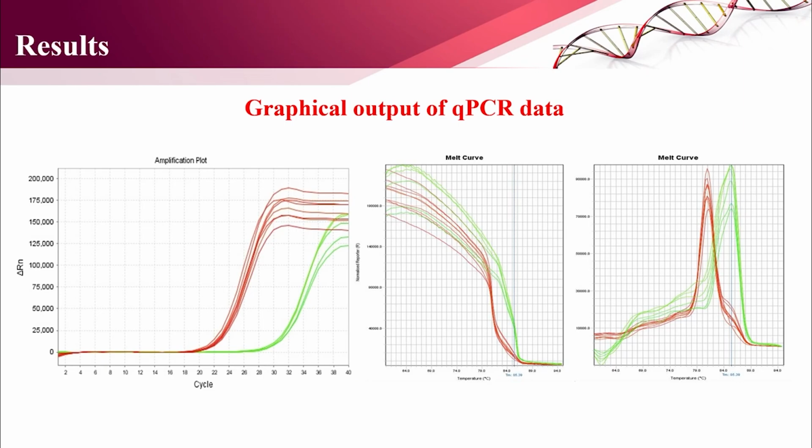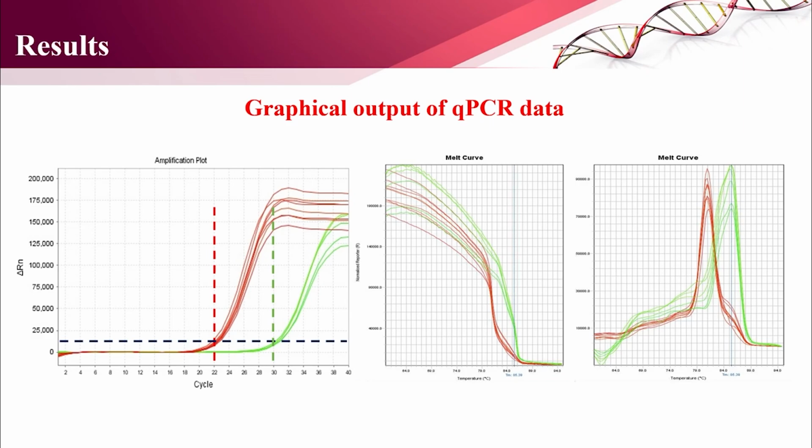This is the graphical representation of the data output from the qPCR machine. When the qPCR is finished, we can get the graphical representation of this kind of data. There are three key types of curves to consider. The first one is the amplification curve or amplification plot. This shows whether amplification occurred.